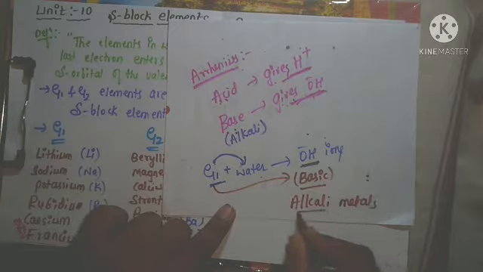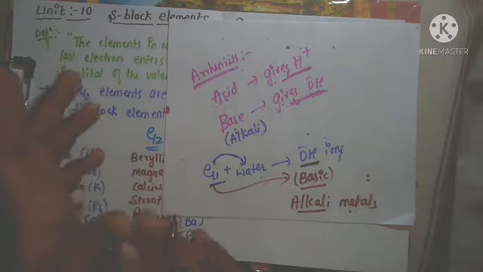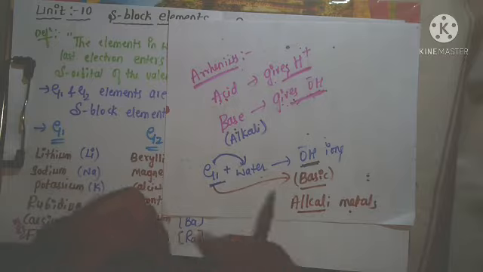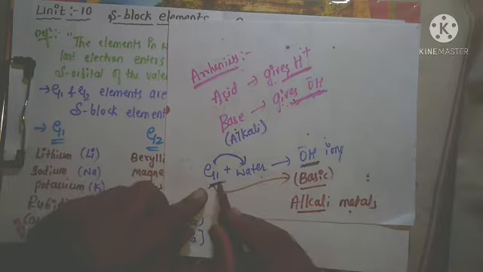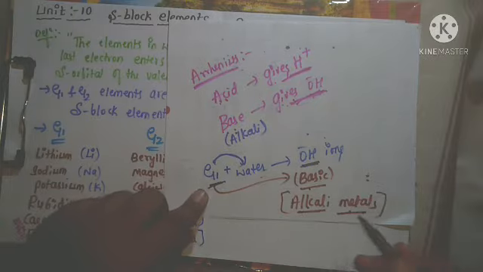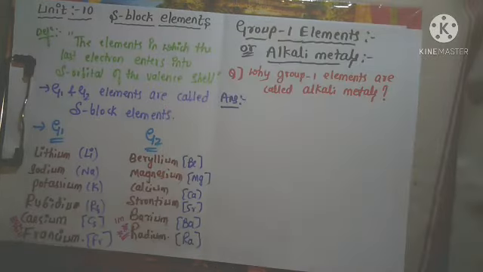Alkali because they are basic in nature, metals because their properties are the same as those of metals, like lustrous, malleable, ductile, sonorous, good conductor, etc. Those properties are obeyed by the group 1 elements. Therefore combinedly they are called alkali metals.